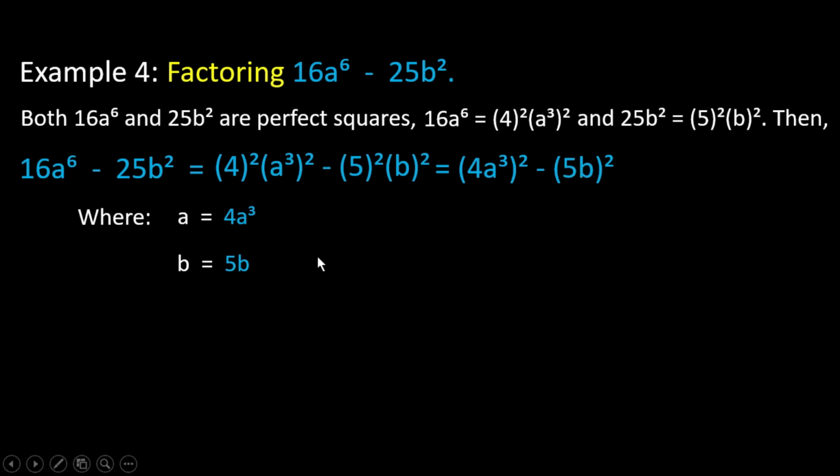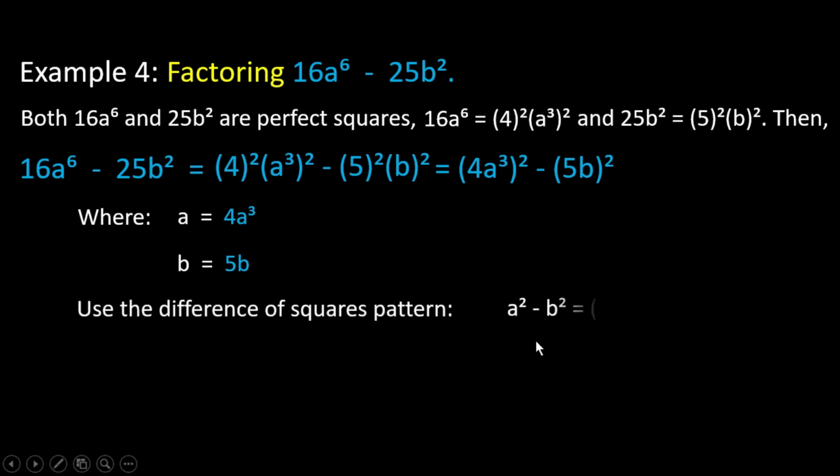So, paano natin nalaman na a is 4a cubed at saka b natin is 5b? Dahil nga dito sa pattern na ito. Ito, di ba? A squared at saka b squared. So, di ba naka-square yan guys? Yan, a squared.